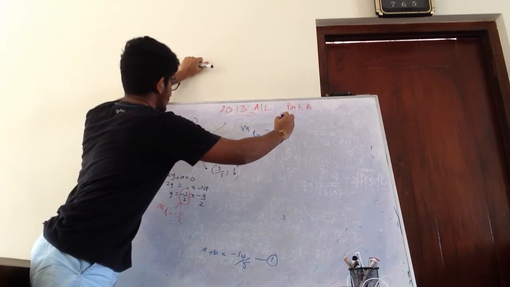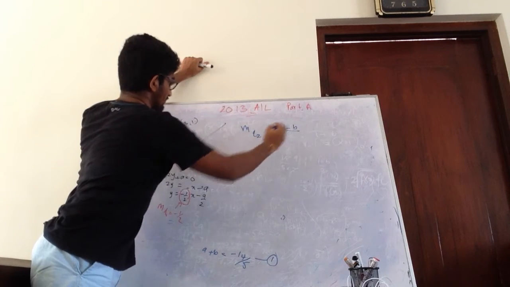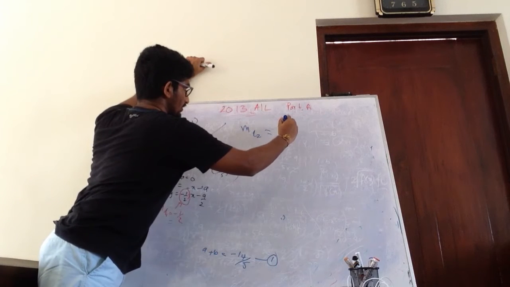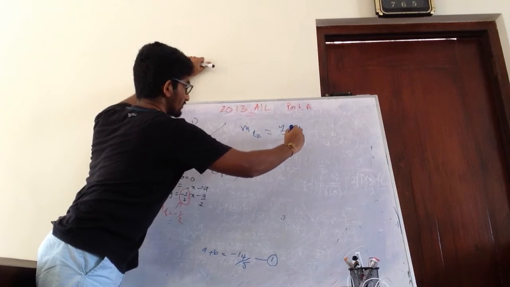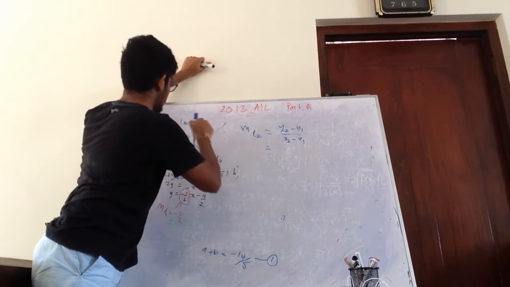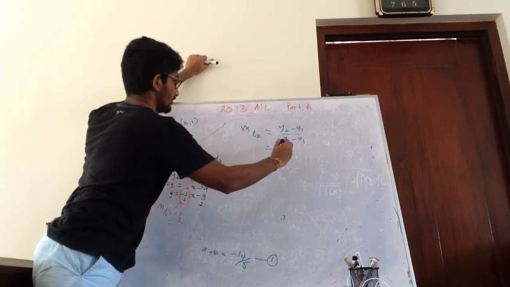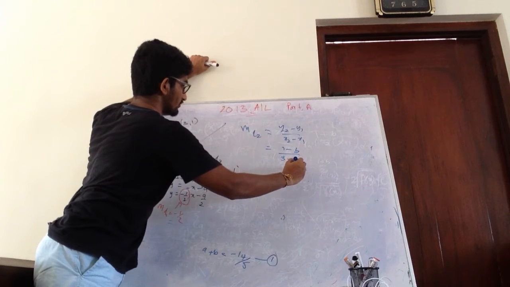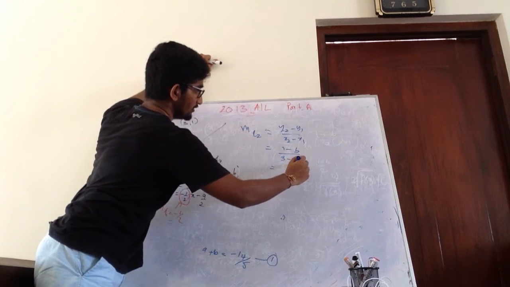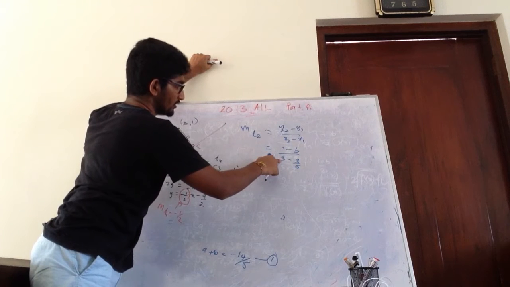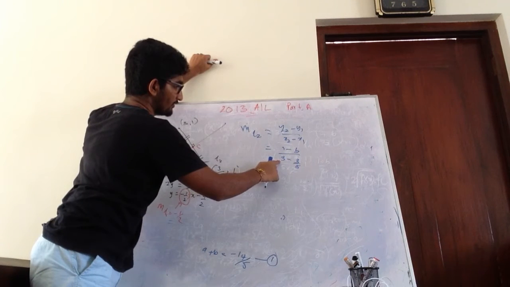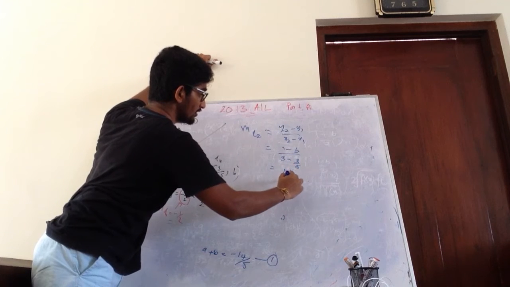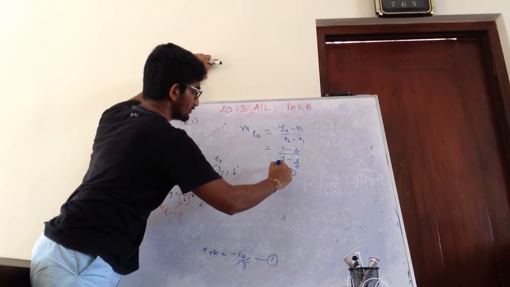That means y2 minus y1 over x2 minus x1. So that is 1 minus b over 3 minus 3 over 5. That means 3 times 5 is 15, 15 minus 3 is 12. So 1 minus b over 12 over 5.